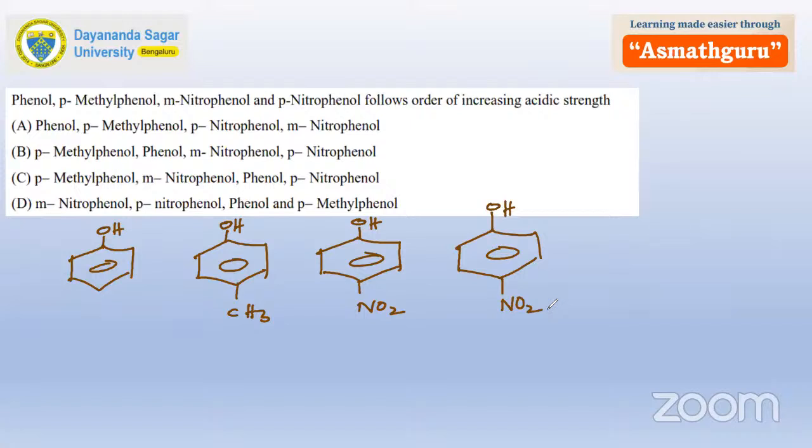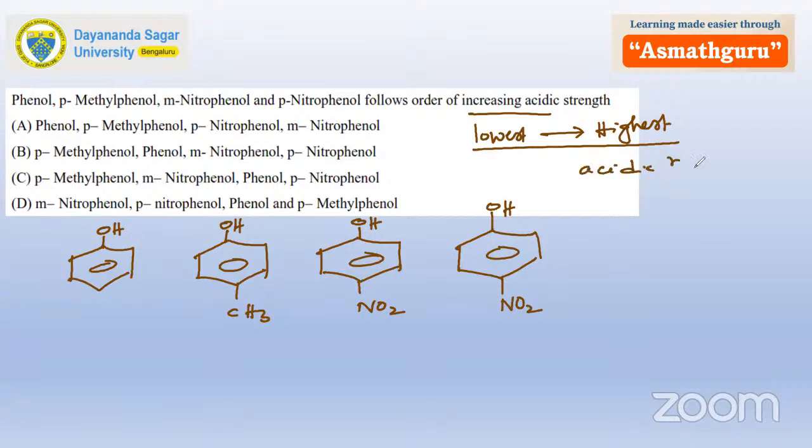Now we have to arrange them in increasing acidic strength. Increasing means from lowest to highest. When it comes to acidic nature, already I told you, an electron donating group decreases acidic nature. Which are the donating groups?